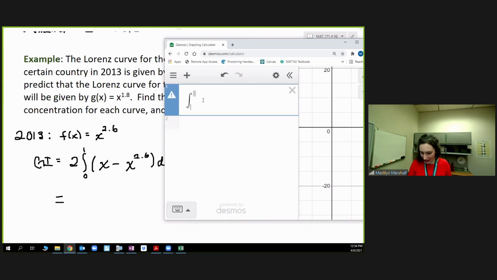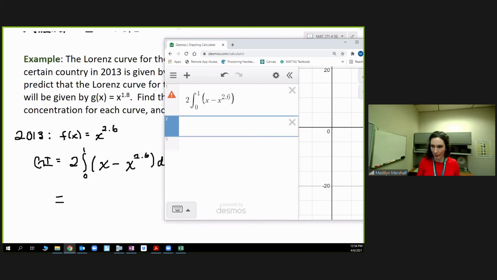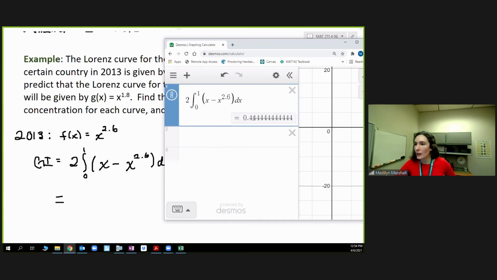So we have the integral, and I should put a 2 out there first. 0 to 1. Ah, dx. So our Gini index is 0.44.